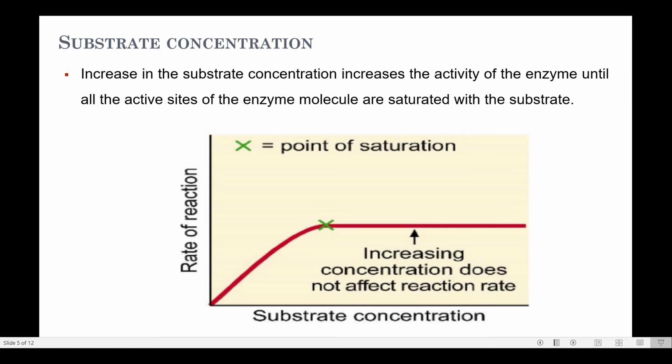Now, at very high substrate concentration, no further increase in rate is observed. Once all the active sites of the enzyme are blocked, there will not be any further increase in the rate of reaction.